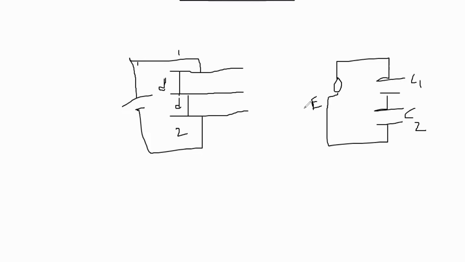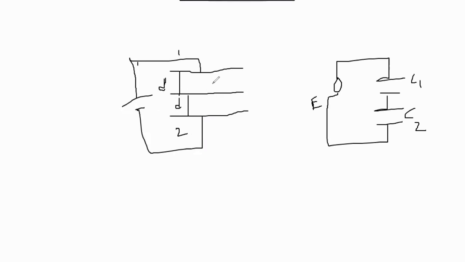Voltage across C1 is E into C2 divided by C1 plus C2. Similarly, the voltage across C2 is E into C1 divided by C1 plus C2. The same method we will apply here in this differential arrangement, the same principles.